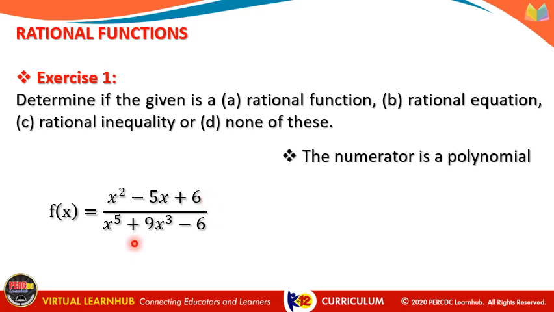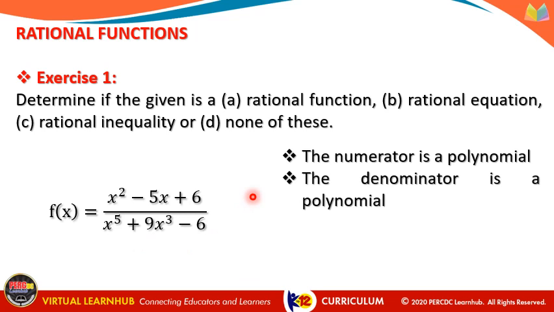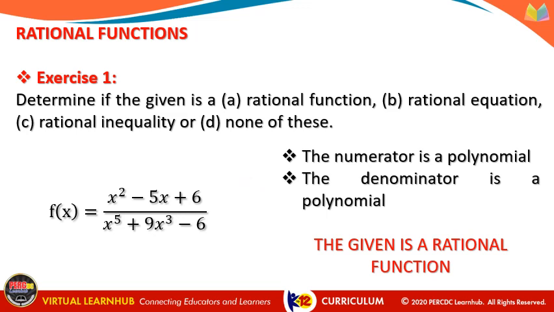Also, x raised to 5 plus 9x cubed minus 6, the denominator, this is also a polynomial. Since both the numerator and denominator ay polynomials, we can say that the given is a rational function. So, ganun lang. So, let's stick to the definition, apply the definition.